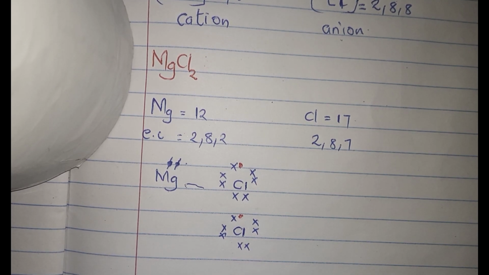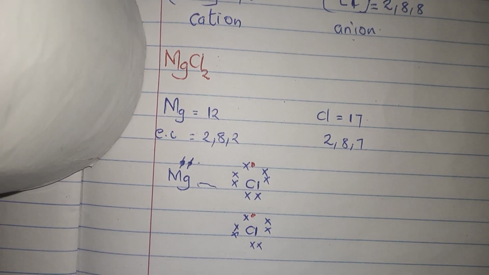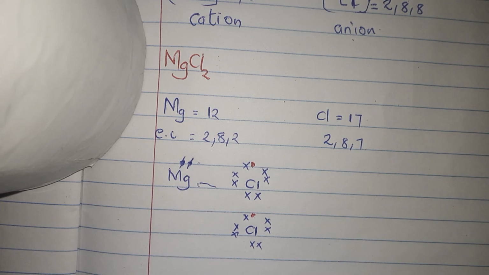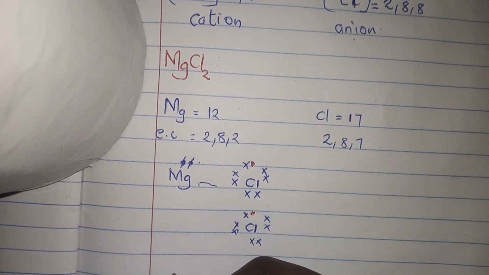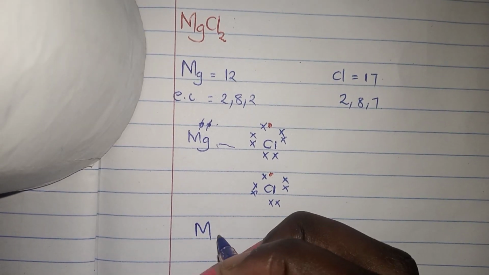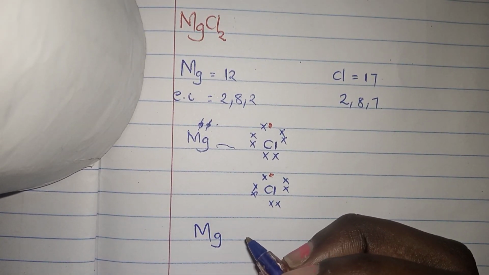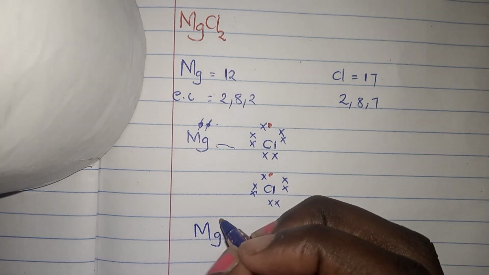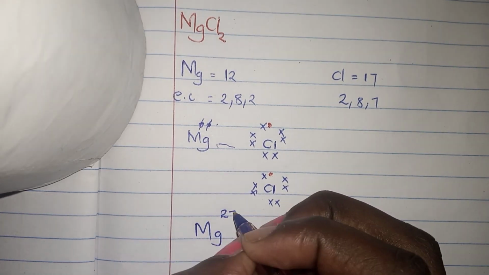So that is it. Because magnesium is giving out 2 electrons, remember, it is losing 2 electrons, it becomes a cation.